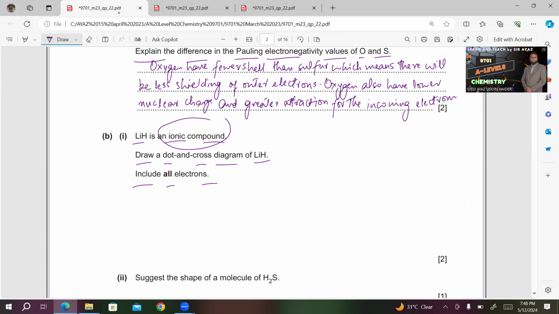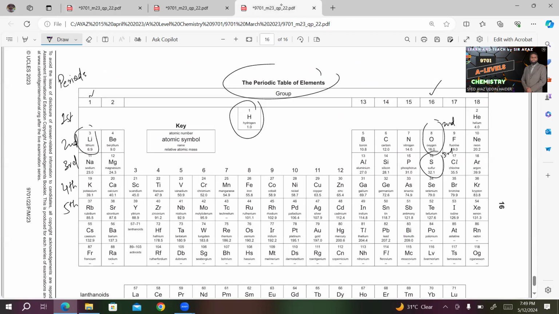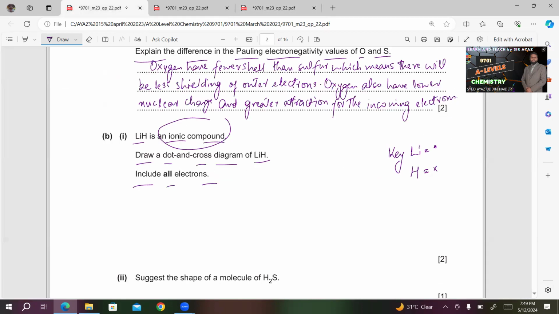So first of all, we're going to show the key for lithium. I'm using dot for lithium. For hydrogen, I'm using cross. So lithium has 3 electrons. So it will lose 1 electron. It's a metal. It will lose 1 electron.